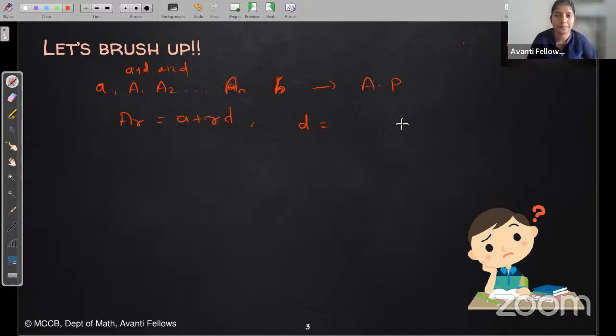The D value that we found was B minus A divided by N plus 1. So AR will be equal to A plus R into B minus A divided by N plus 1. This is one of the concepts that we learned previously. So try to remember the concepts that we learned previously. Let's revise it once again. So let's begin.